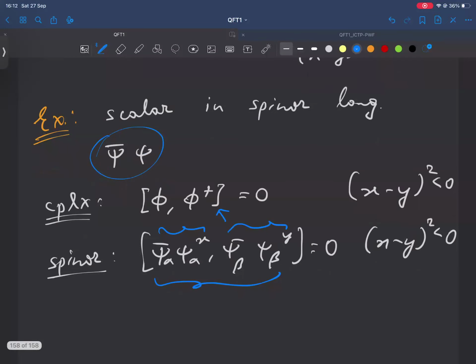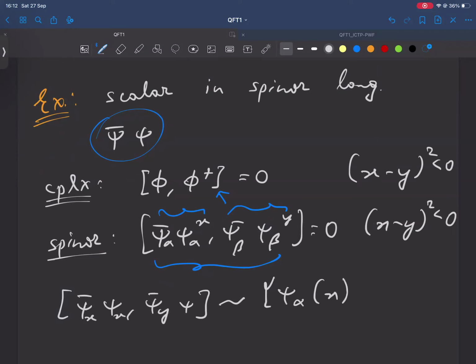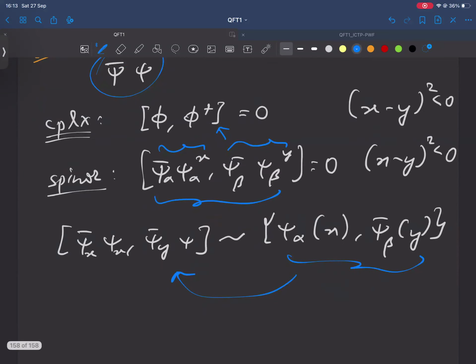Then the exercise is you can actually show that the commutator of psi bar psi depending on x and psi bar psi depending on y is related linearly to these anti-commutators of psi and psi bar. This is a very powerful statement: the anti-commutator of the spinors themselves is related to the commutator between spinor bilinears, or Dirac bilinears.